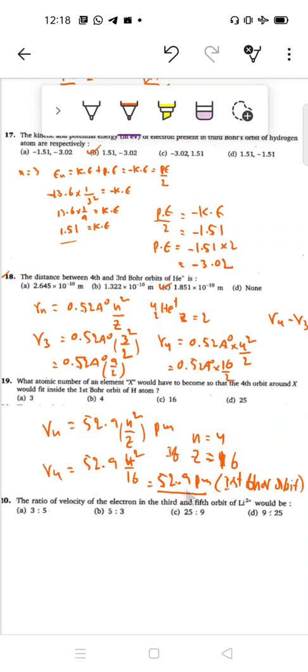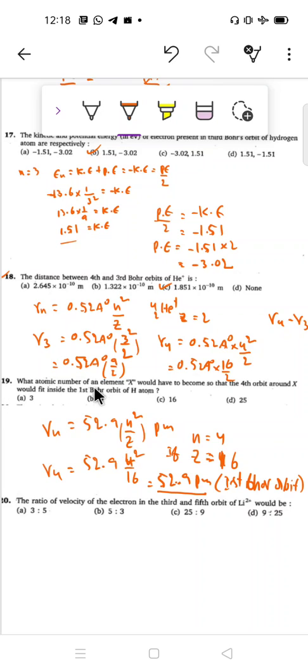So what is the value of Z? Then this value R4 is equal to the first Bohr orbit. They ask like that. If Z value is equal to 16, then this R4 value is equal to the first Bohr orbit. That is the reason we have proved it.